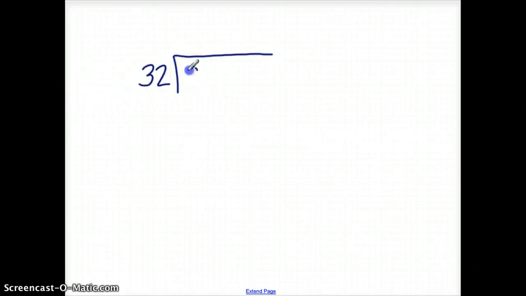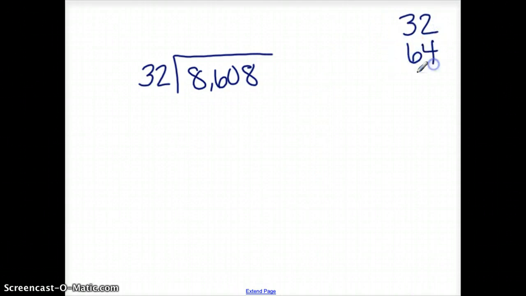So if I have the number 32 divided by 8,608. First step is to write down my multiples. I'm going to write 32, 64, 96. Okay, now I need to know what 32 times 4 is.